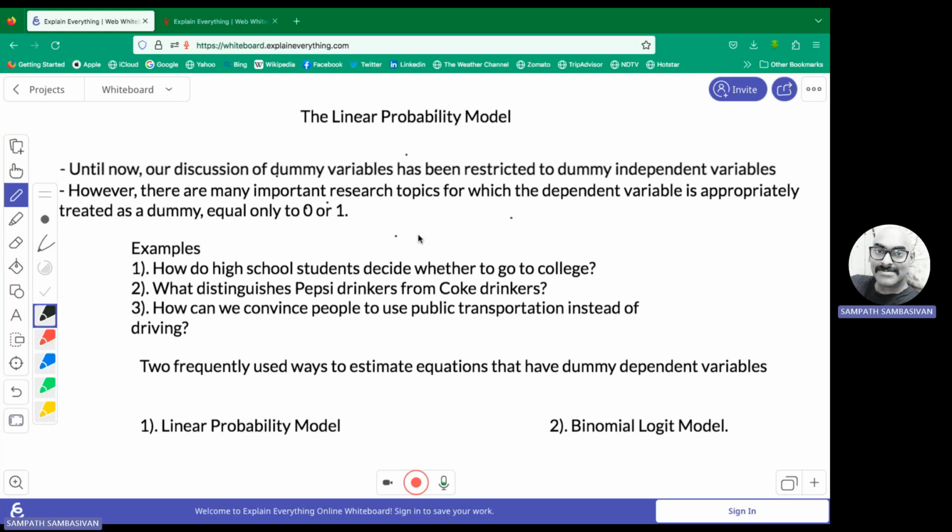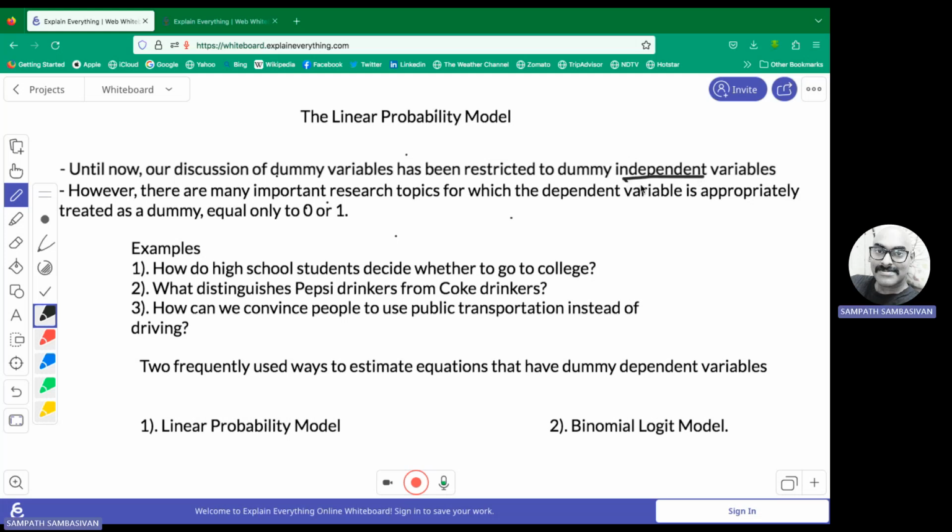In most of our previous discussions, if you have observed, all examples which I have given were restricted to cases where dummy variables were independent variables, right?